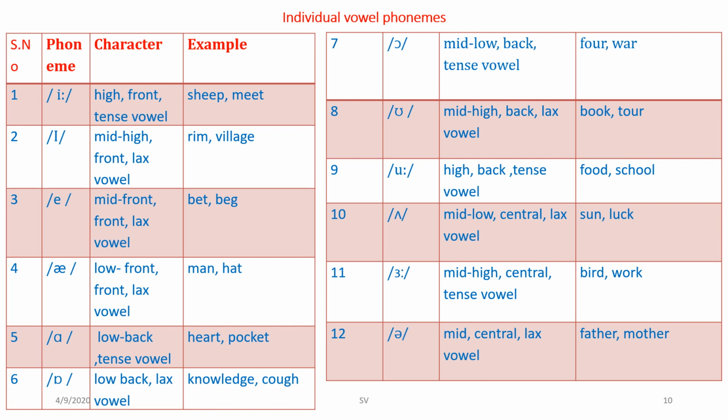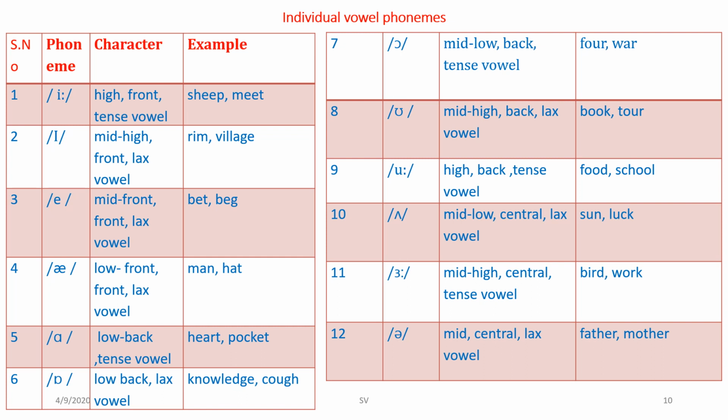Number 7, A. It is a mid-low back tense vowel. Example: for, war. Number 8, U. It is a mid-high back lax vowel. Example: book, tour.